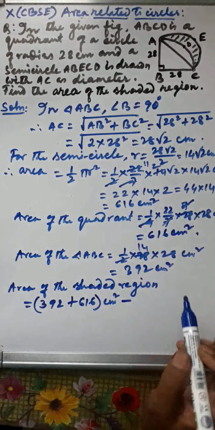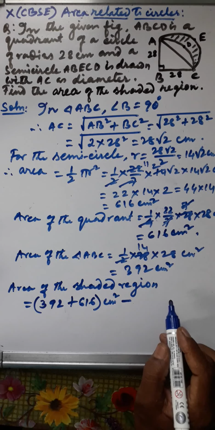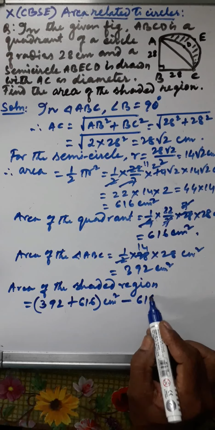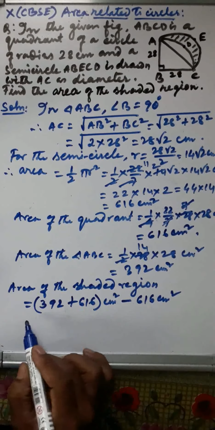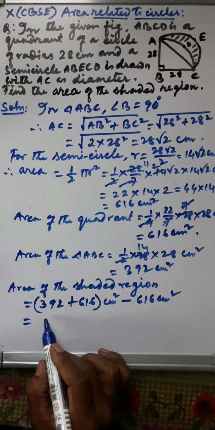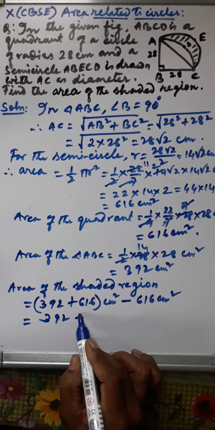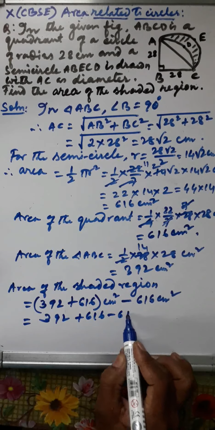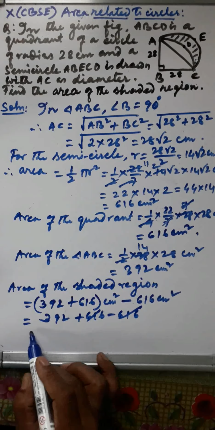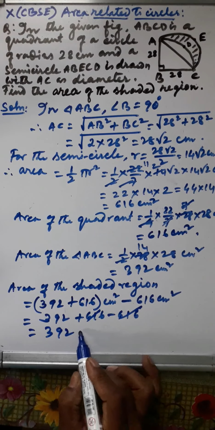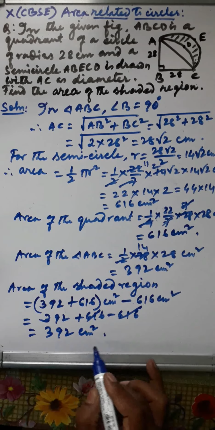The area of the quadrant is also 616 centimeter square. So you can write 392 plus 616 minus 616, cancel it, equal to 392 centimeter square. This is your answer.